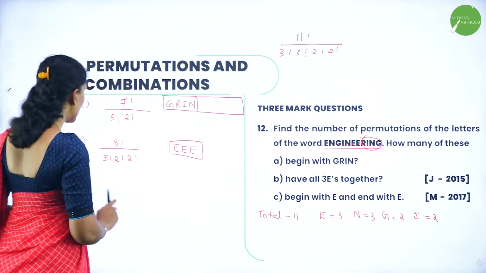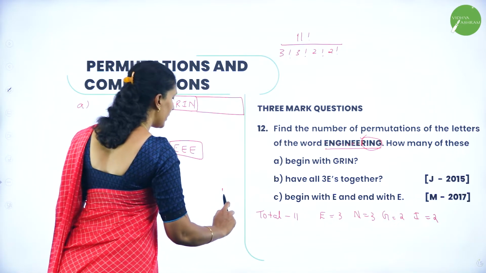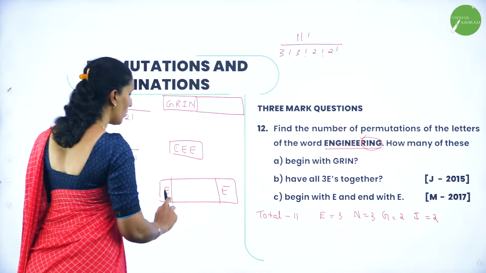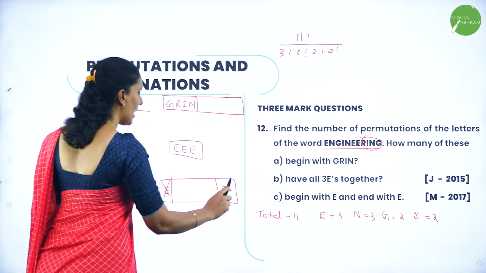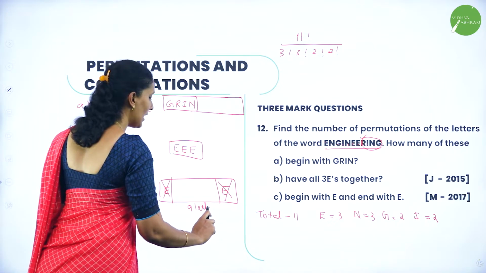Next we have C. Here they have said the word begins with E and ends with E. So when you have a word like this, the first position and the last position are fixed. So we need to arrange only the remaining 9 letters here.